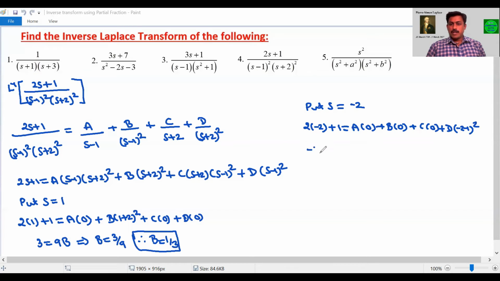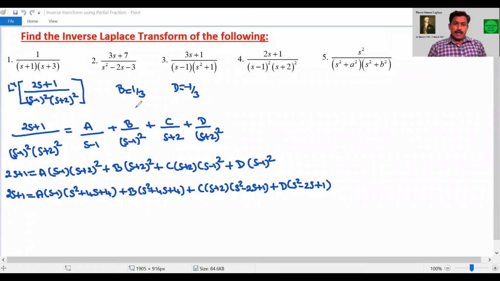That is minus 4 plus 1 on your left hand side, minus 3, the whole square is again plus 9, which implies d equal to minus 3 by 9. Therefore d equal to minus 1 by 3. We found the b value and d value.